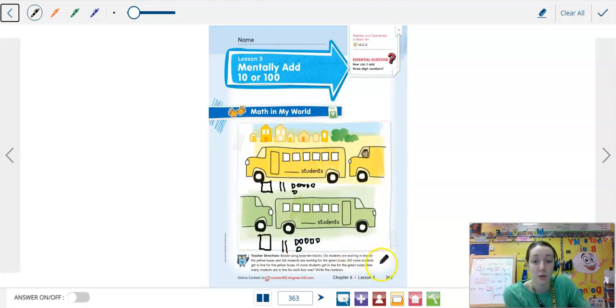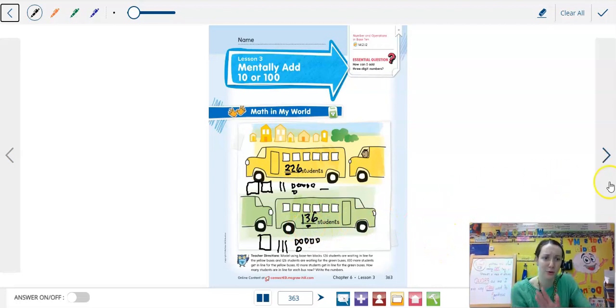Then it says 100 more students get in line for the yellow buses. Boom, boom, boom, boom, another 100. And 10 more students get in line for the green buses. So then this becomes, which they want us to write here, 226, and this becomes 136. So the hundreds place is what changed here, and the tens place is what changed here.